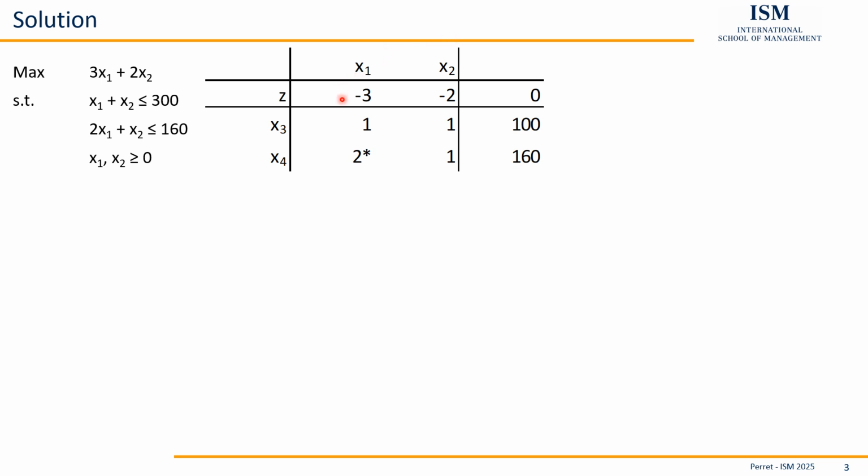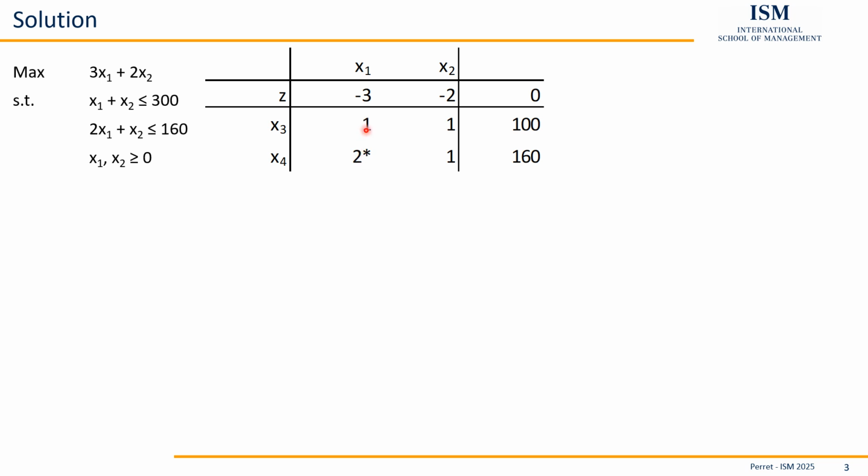For this, I'm going to take a look at the values in the row of the objective function and select a negative value. I select the absolutely largest negative value, which here would be -3, because 3 is larger than 2. So this will give me my pivot column. In the pivot column, I consider only positive values. Well, both qualify.